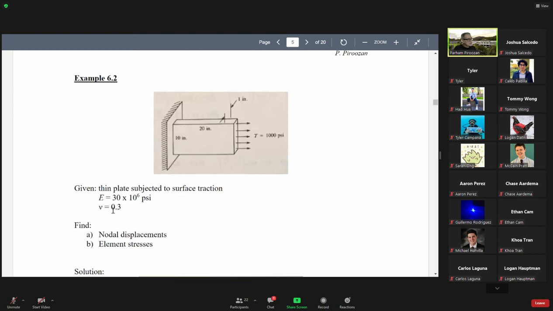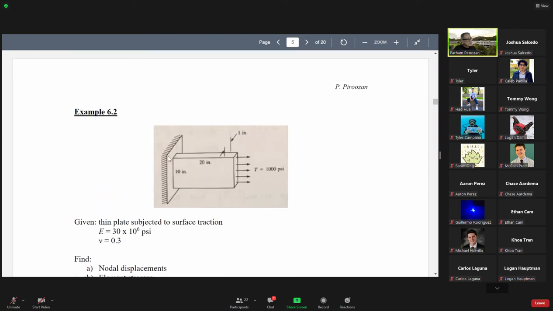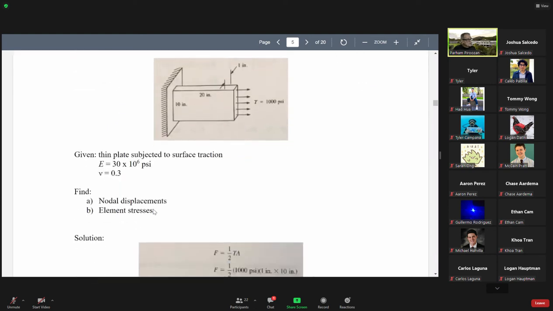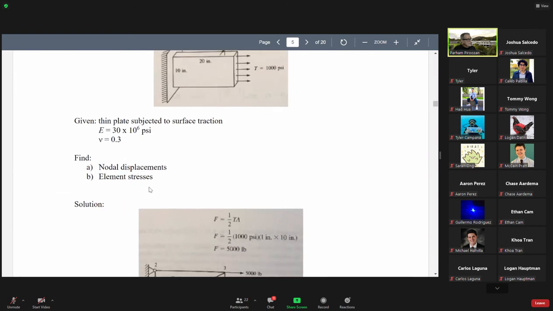Modulus of elasticity and Poisson ratio are given. This is a plate 10 inches by 20 inches, and the thickness is 1 inch, with a 1000 psi load applied here. The question is to find the nodal displacements and element stresses.